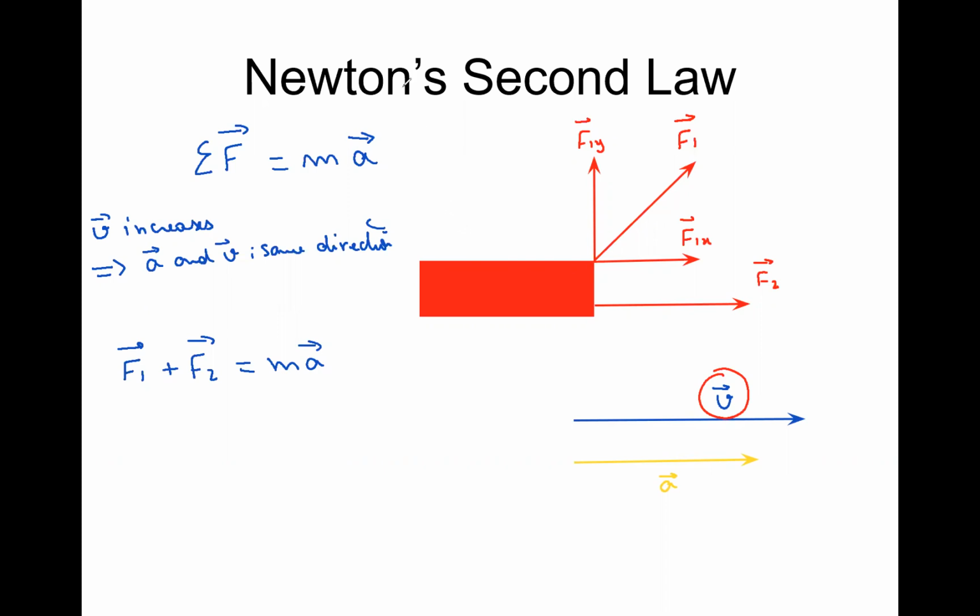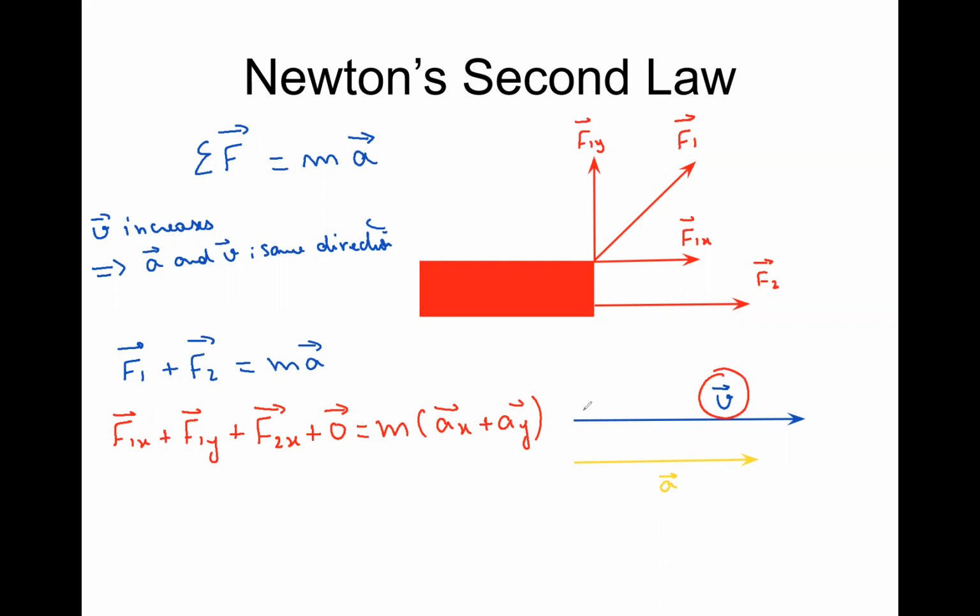Okay. We can write now F1 equals F1x plus F1y. F2 has only F2x, we don't have F2y, equal M, here we have AX and AY.